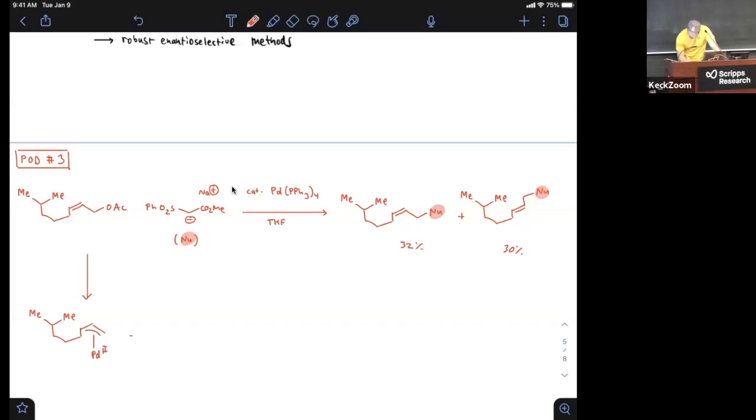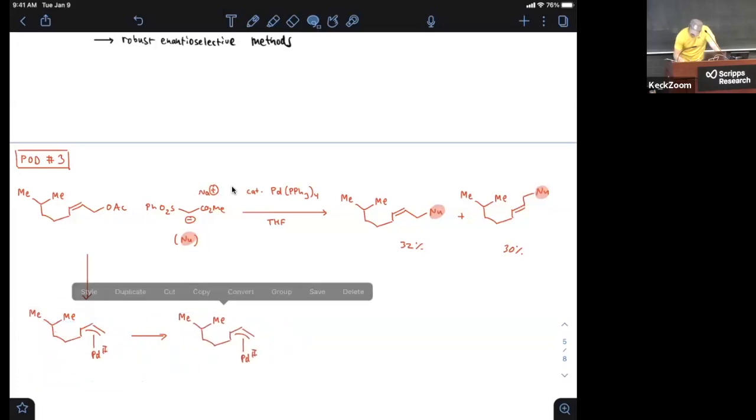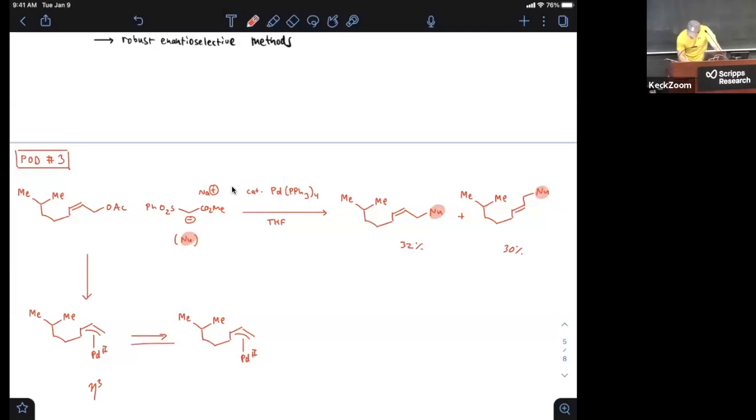At this point, I would think it would be the same 9-to-1 ratio. Okay. And then what's going to happen next? Would we have a migratory insertion with our nucleophile? Well, how are you going to get to the erosion here? Oh, we need to go to eta-1. Ah, okay, beautiful.